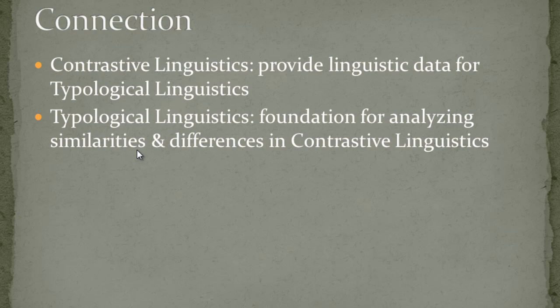But what I'm talking about is that in your essay, you will always need to refer to the typology of English, the typology of Vietnamese, and discuss some of the general big differences between the two languages. And when you identify differences, you might also need to explain why they are different by referring to the typology.